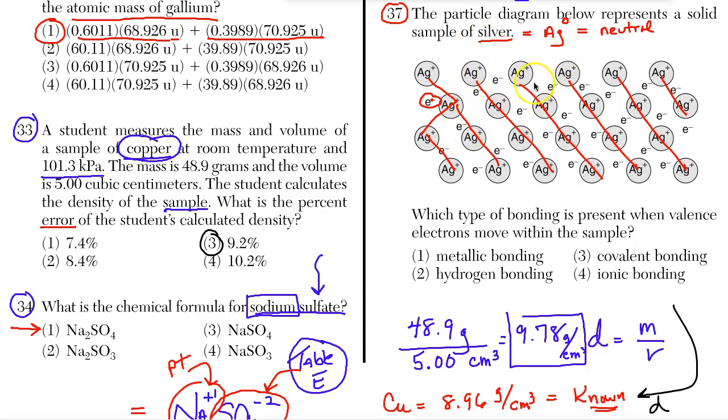And so what keeps these silvers together is that each silver is attracted to all the other electrons from all the other silvers. And they're loosely held. Notice this silver doesn't seem to have an electron, or whose electrons do they belong to? As we learned, there's a type of bonding where we have metals with loosely held electrons, in a sea of mobile electrons that are able to move throughout the crystal.